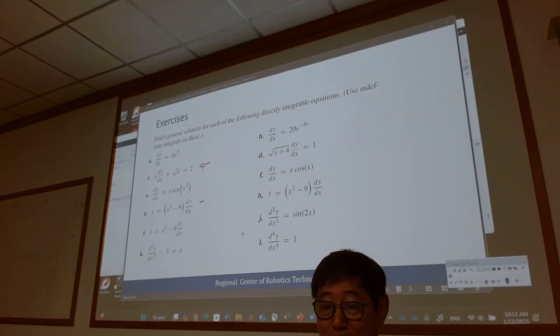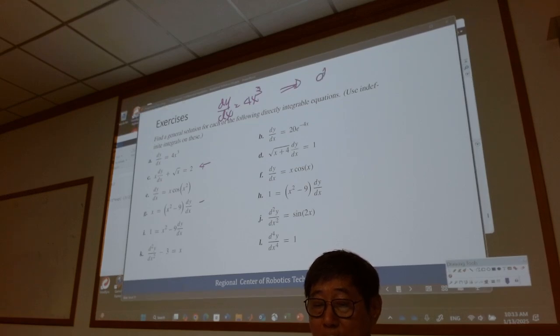Only if it's possible to integrate or not. dy by dx equal 4x squared, right, you can split both sides: dy equal 4x squared dx, integrate this one.